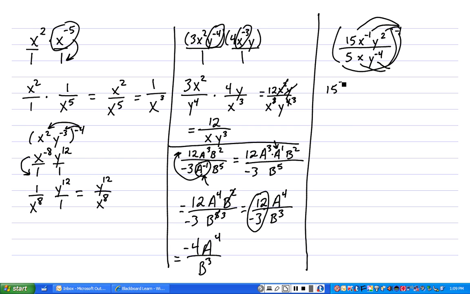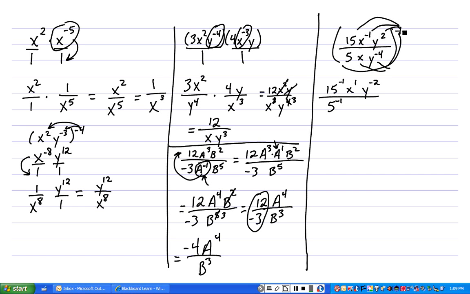So now you have 15 to the negative 1, x to the positive 1, because negative 1 times negative 1 is positive 1, y to the negative 2, because 2 times negative 1 is negative 2. In the denominator, you're going to have 5 to the negative 1, because anytime you just see a number, it's like saying that constant is just raised to the first power.